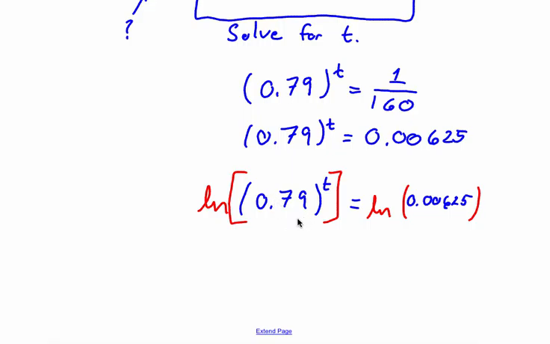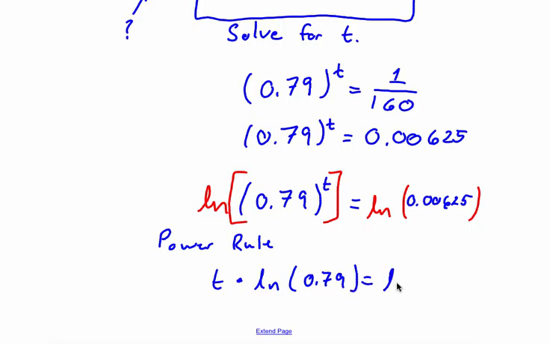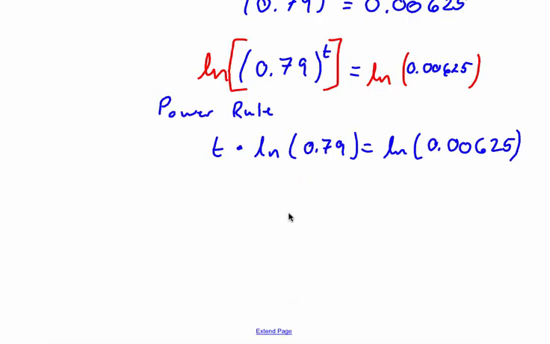All right. And then by the power rule of logarithms, I get to pull down the t and make it a product of exponents here. So t times ln of 0.79 equals ln of 0.00625. So then t equals, and then I'll divide by the natural log of 0.79, so I get this ratio here.